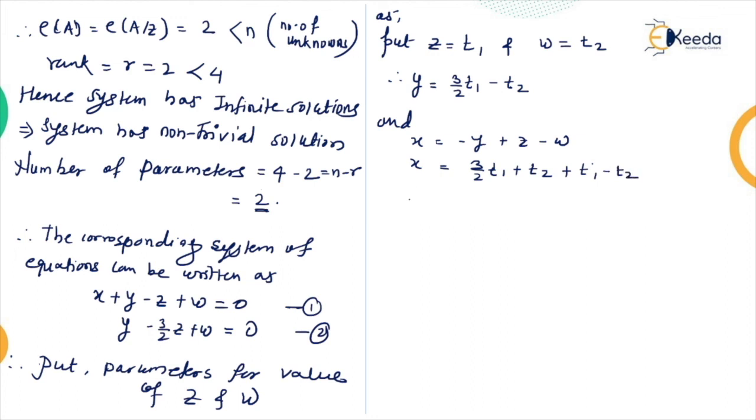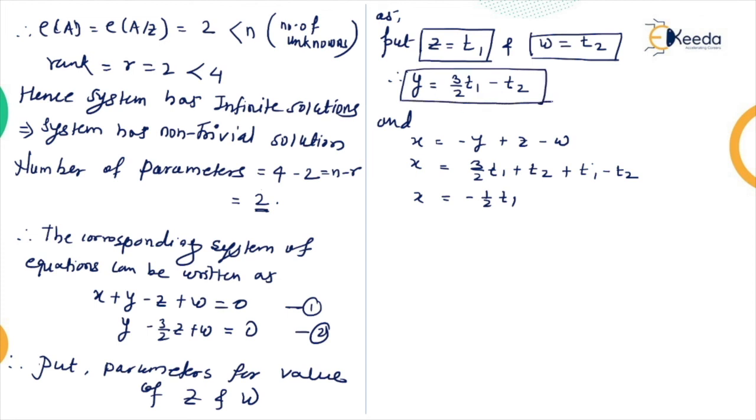After calculation we simply get minus 1 divided by 2 into t1. So we got the values: z is t1 and w is t2, because the rank is 2 and the number of unknowns is 4, so n minus r gives 2 parameters. So y is 3 by 2 t1 minus t2, and x is minus 1 by 2 t1.